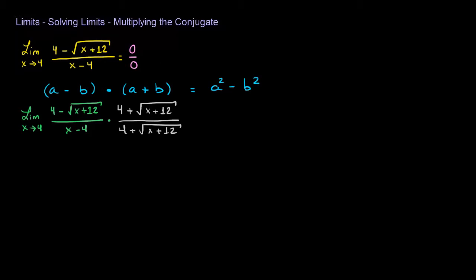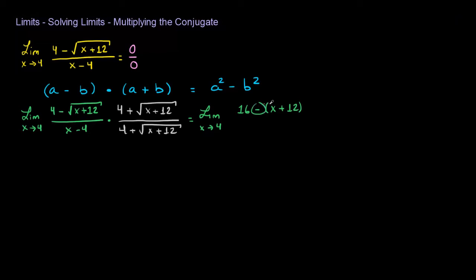I'm going to multiply here, so it will be the limit when x approaches 4. Now this 4 will be a, and we have to square it, so it will be 16 minus, now the square of this square root gives just what's inside, which is x plus 12.